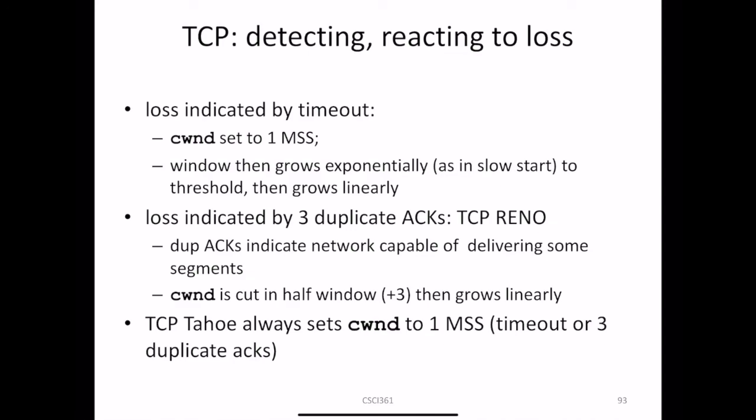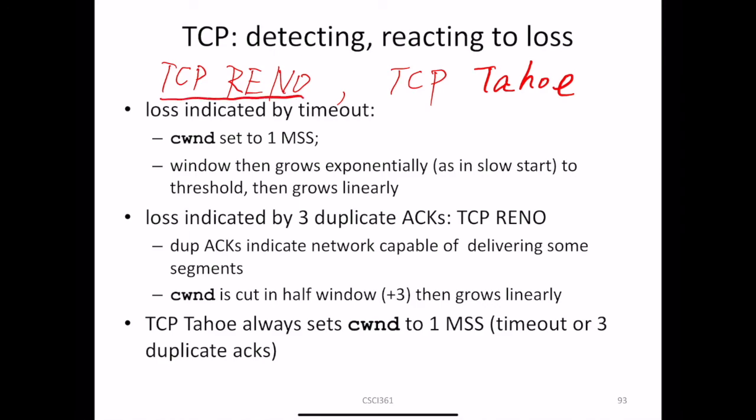The first version is TCP Reno. Another type is TCP Tahoe. Let's remember we have two types.